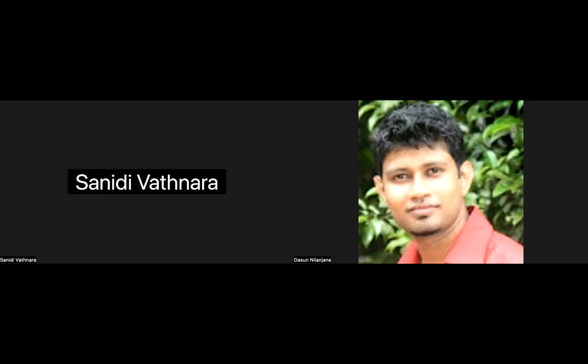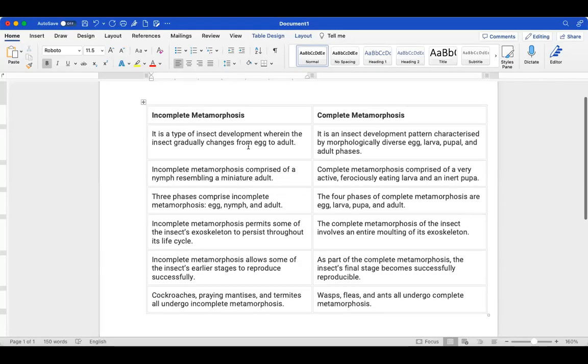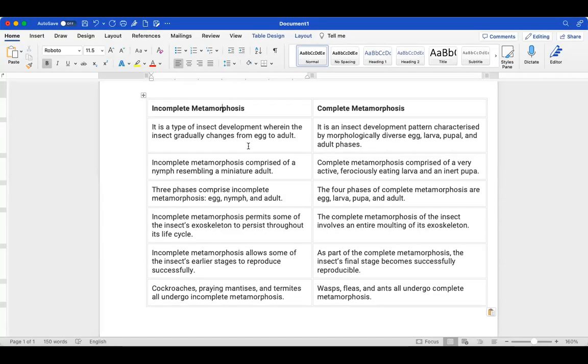Okay, let's write the differences between complete and incomplete metamorphosis very quickly. What's the difference? In complete metamorphosis we can see egg, larva, pupa, and the adult phase.